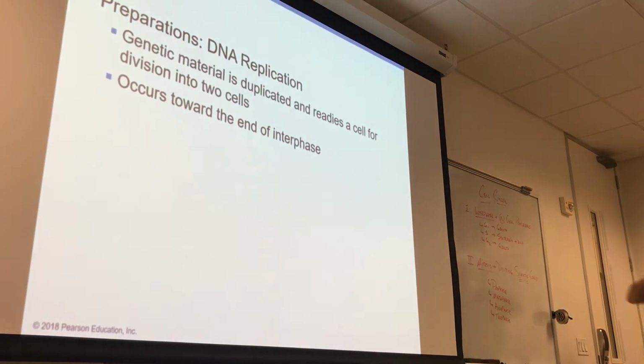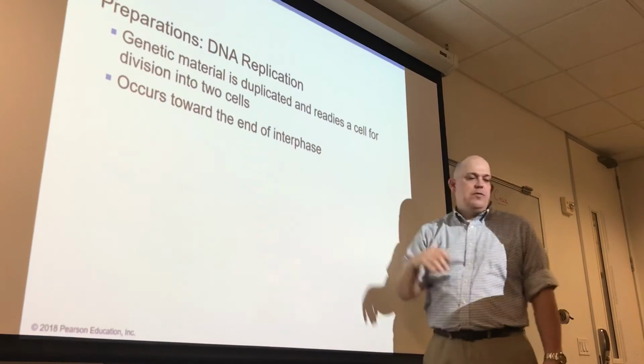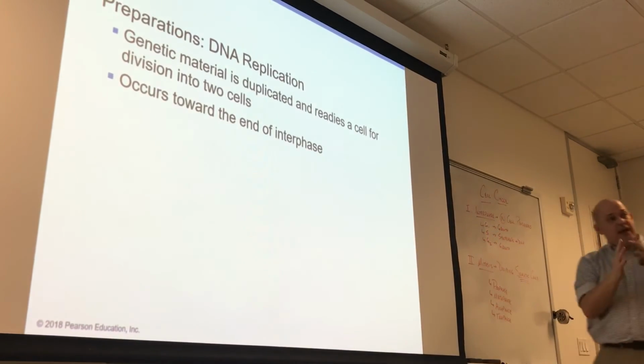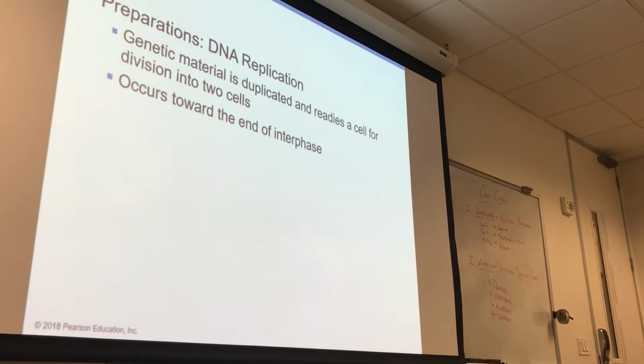To understand why, we have to get through mitosis first. But in the middle of interphase, one of the important processes is that we have to duplicate the DNA within our cell, because when we divide that cell into two new cells, each of those two new cells needs the exact same amount of DNA.